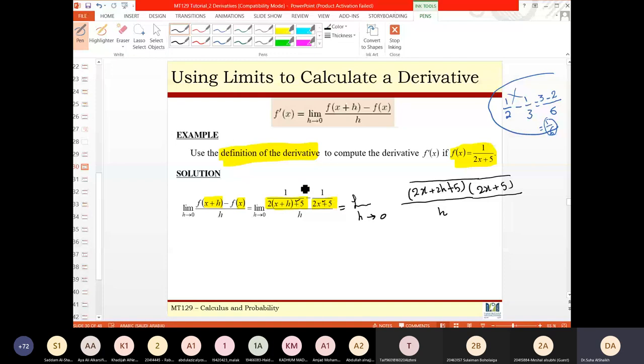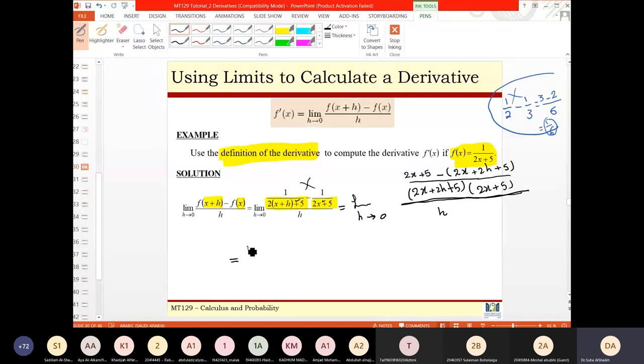Then we do cross multiplication. This amount is 2x plus 5 minus, and don't forget to put it in a bracket, 2x plus 2h plus the 5. Can you see what I did here? And everything of course divided by h. Don't forget that everything is divided by h.